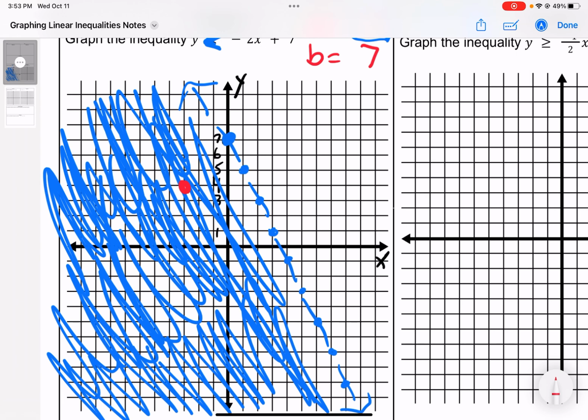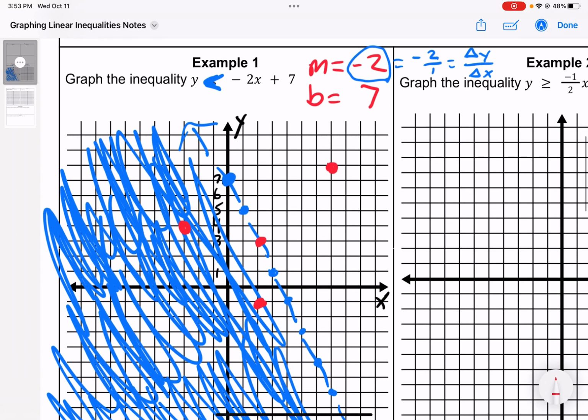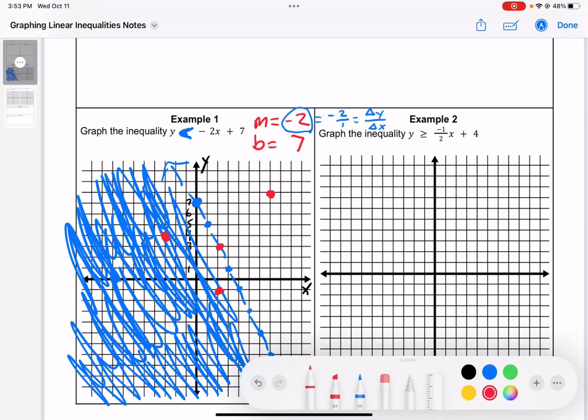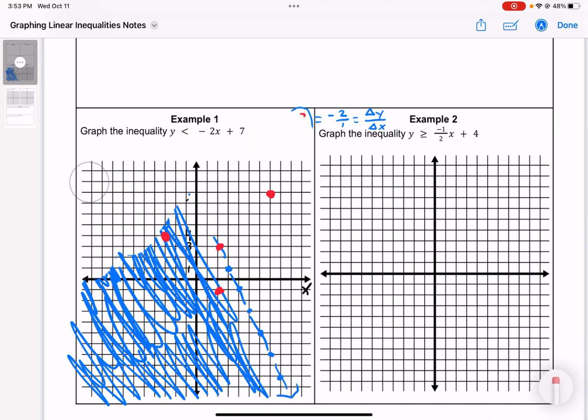This point is a solution to the inequality. This point is not a solution to the inequality. This point is a solution. This point right here, not a solution. It's on the line. And remember, the line is not included in this one. All right, I'm getting a little bit ahead of myself, but that can be helpful to know.